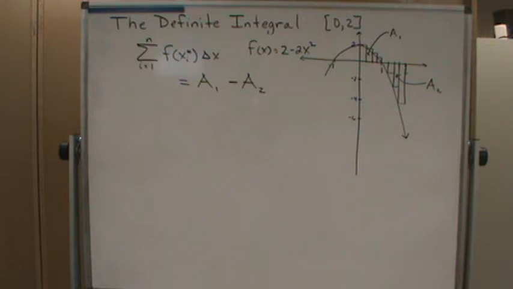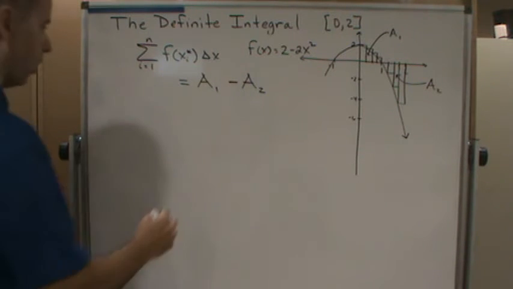So notice that the signed area can be positive, negative, or 0. If the area above the x-axis is larger, then the net signed area is going to be positive. If the area below the x-axis is larger, then the net signed area is going to be negative. And of course, if they're both the same, then you're going to get a net signed area of 0.